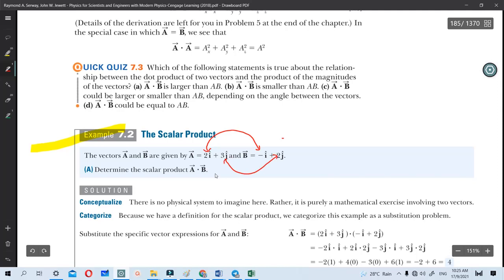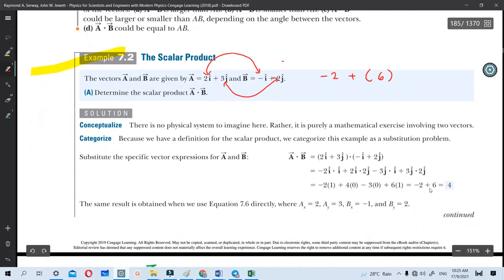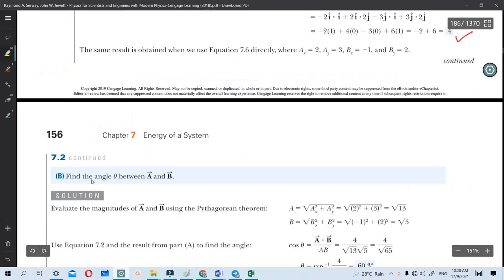So altogether 2 times -1 is -2, plus 3 times 2, which is 6. So you have the answer as positive 4.